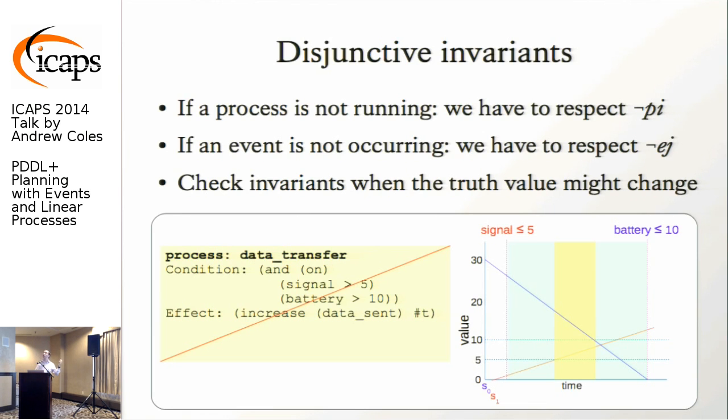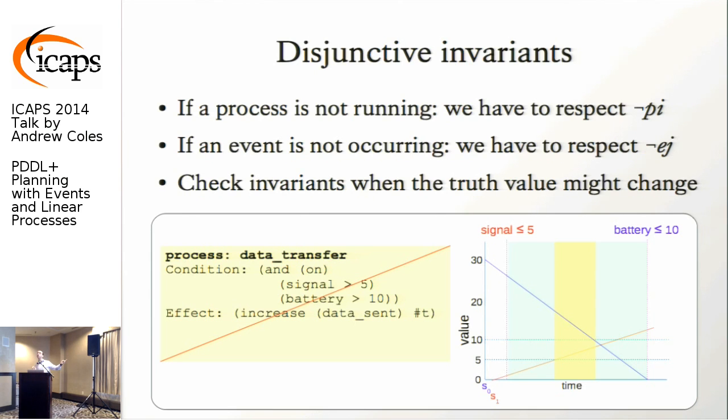What we used to do is say between any 2 points in the plan at which we modified the value of a variable, so if we have an effect on a variable v at 2 time points, we best check that this overall condition definitely holds. And that's sufficient, because in between those 2 points, we have linear monotonic change, so it suffices to check it at the boundaries of that interval.